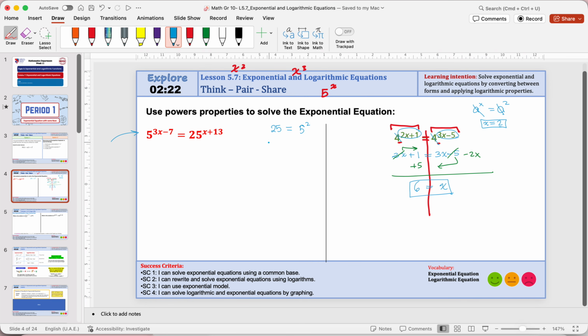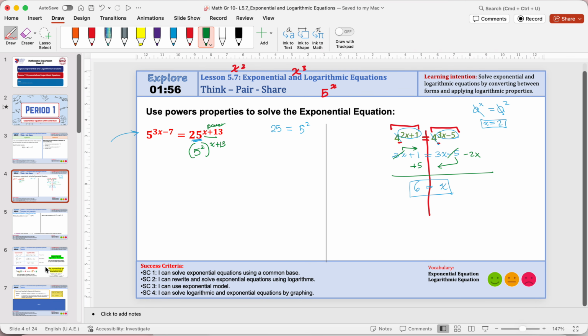So this means there is a potential way of changing this base from being 25 into a base of 5. Now let's try to do that. I will substitute 25 as 5 squared, keeping in mind that I already have a power for the 25, so keep that power outside.